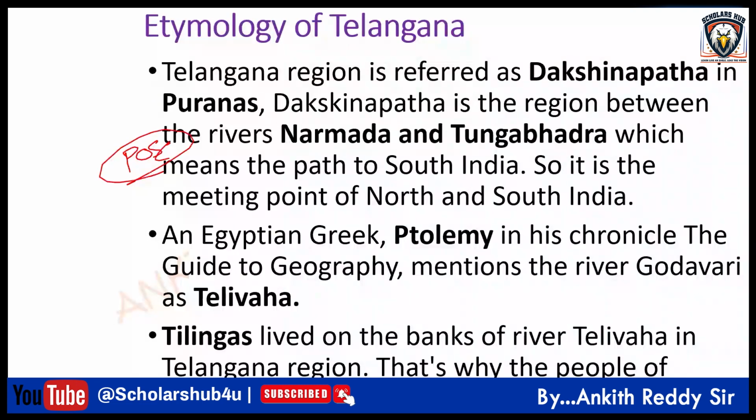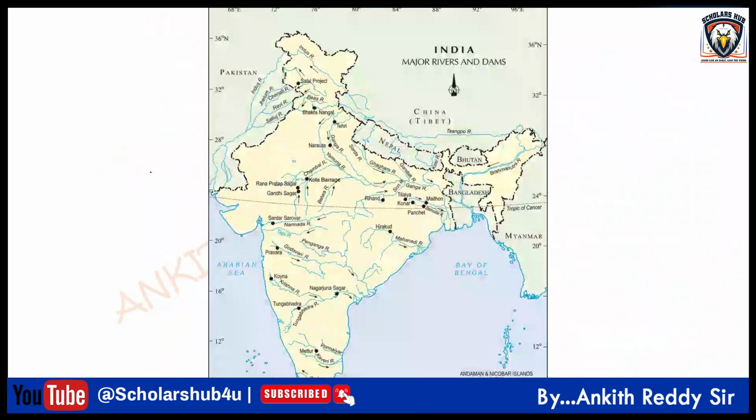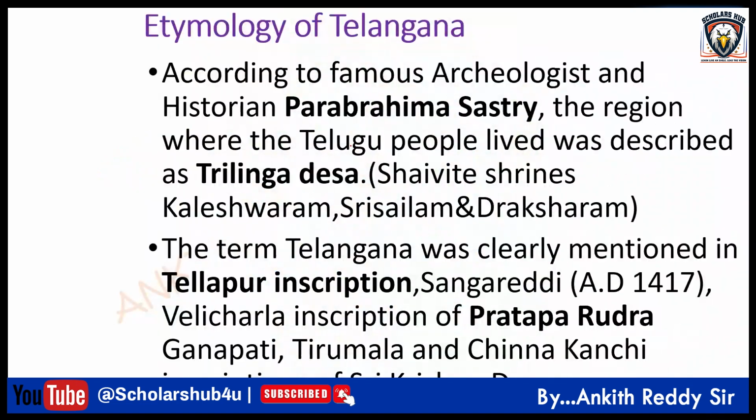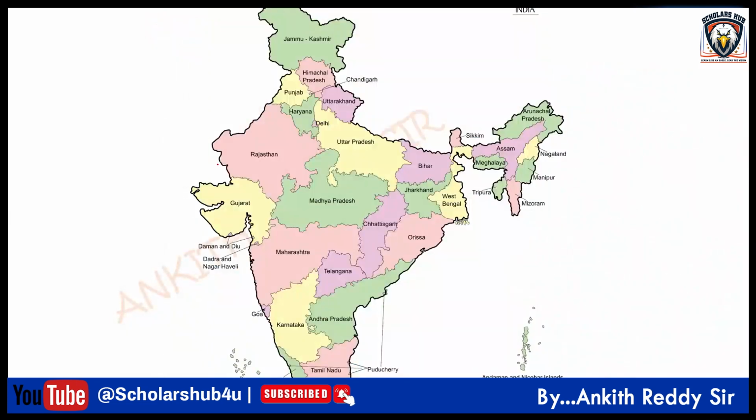Okay. Next, the next concept, according to Parabhama Shastri, one of the famous archaeologists and historians, the region where Telugu people lived was called Trilinga Desa. What is this Trilinga Desa? There are three famous Shaivite shrines in our Telugu region, right?